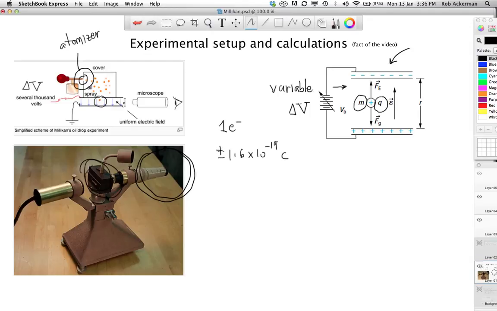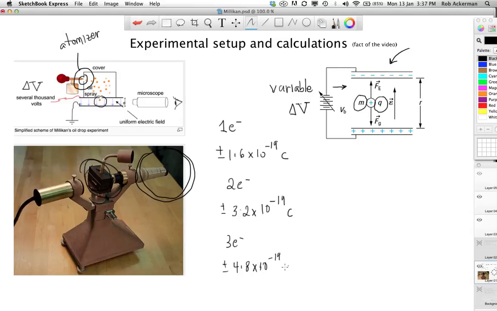If they lost an electron, then positive. If they gained 2 electrons or lost 2 electrons, now we're dealing with 2 times this number, which would be 3.2 times 10 to the negative 19 coulombs. 3 electrons gained or lost, plus or minus 4.8 times 10 to the negative 19 coulombs, and so on.